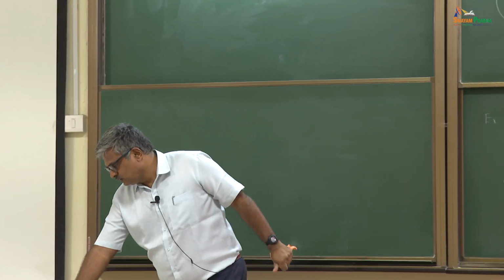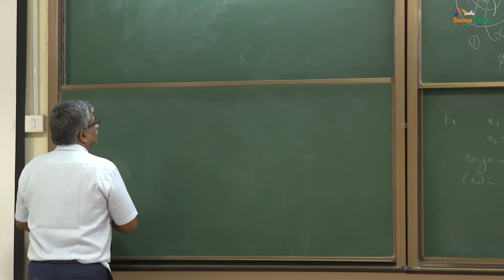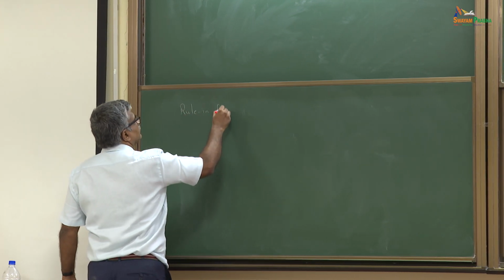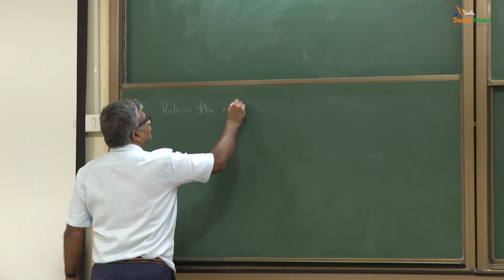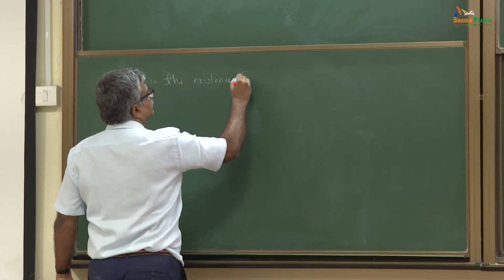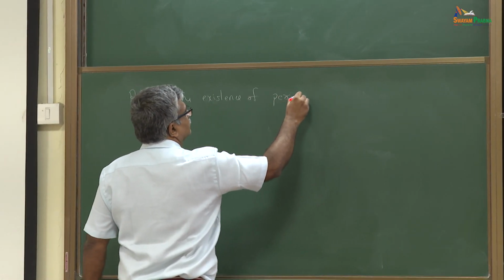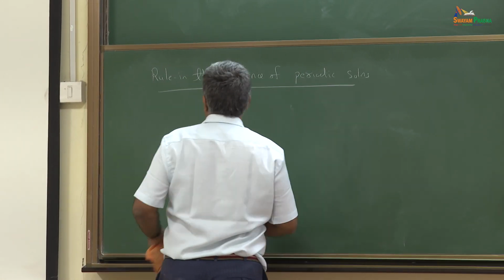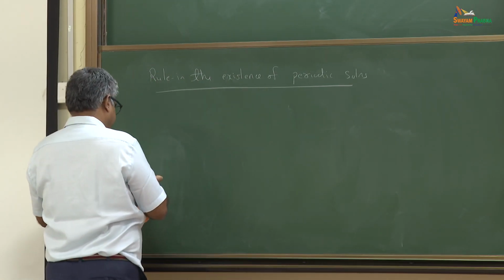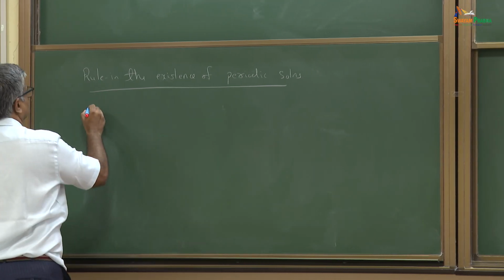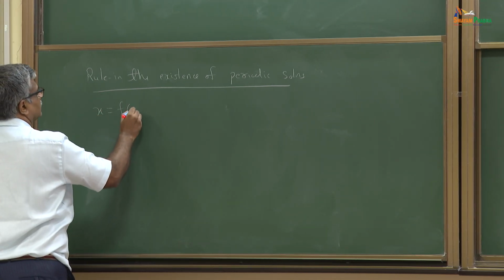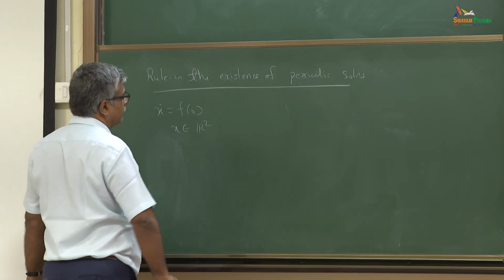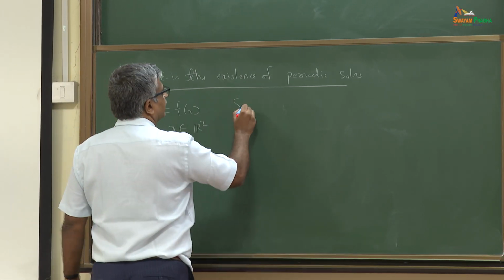So the first one, to rule in the existence of periodic solutions, again, all this applies to second order systems in R2, and we have only sufficient conditions.